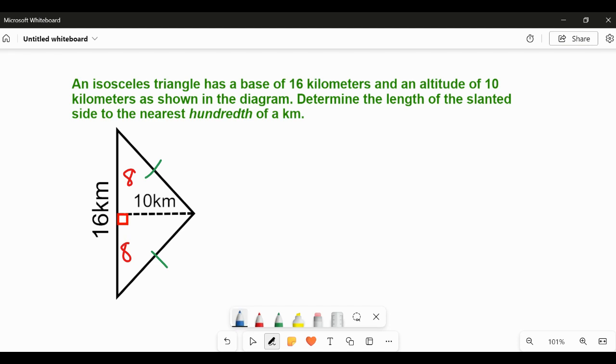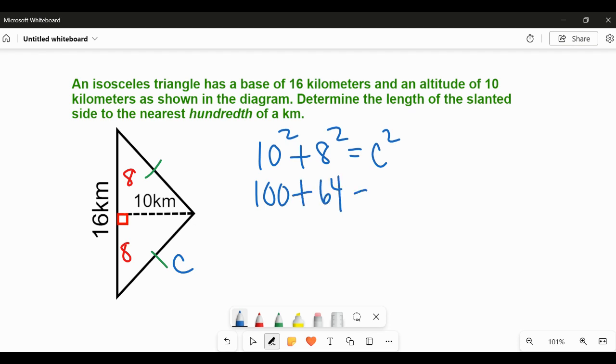So we are going to do 10 squared plus 8 squared equals c squared, right? Because technically I'm going to call this c, that side, since I'm looking for the hypotenuse. 10 squared is 100. 8 squared is 64. 100 plus 64 is 164.